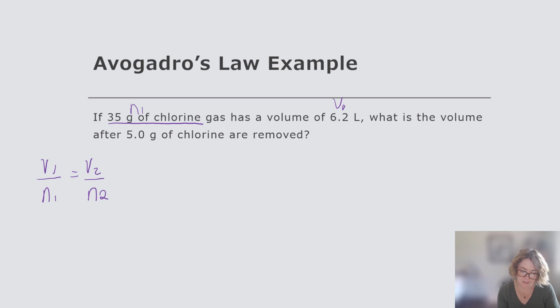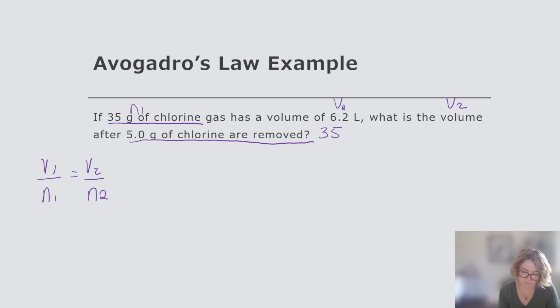I have my initial volume. I want to know my second volume after 5 grams of that chlorine is removed. So I'm not saying here that 5 grams of chlorine are left in the container. I'm saying I took 5 grams out.